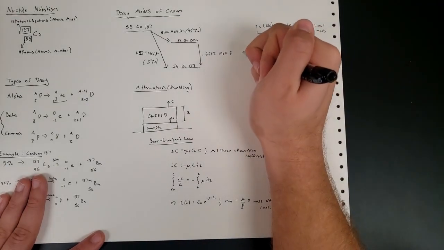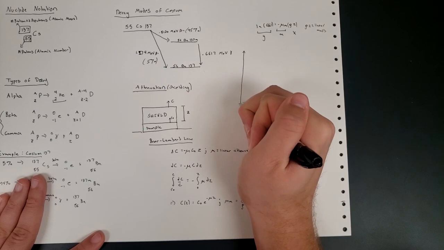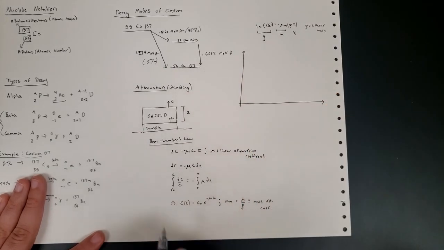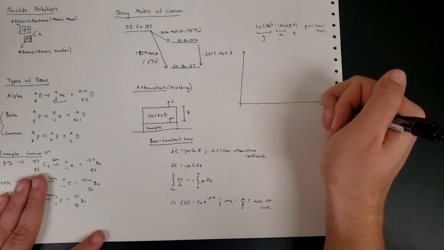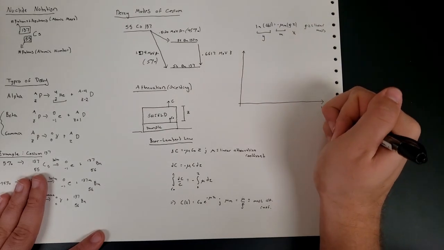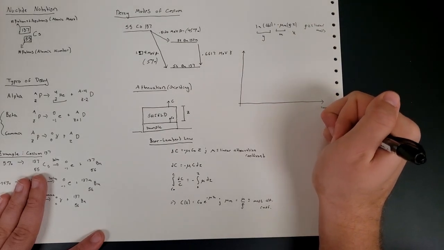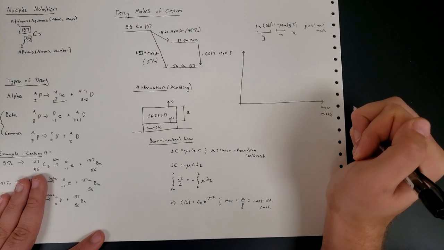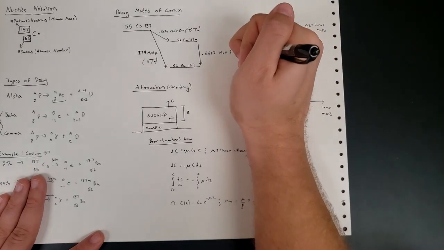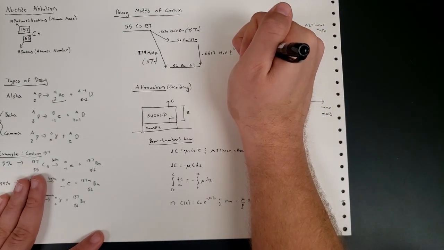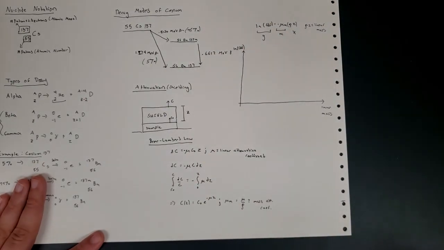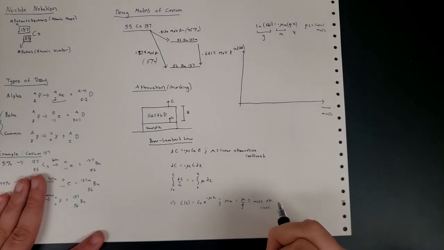So if we graph this, or if we look at how this graph will look now, on this x-axis we're graphing the linear mass. On the y-axis, we're graphing the natural log of the number of counts as a function of Z, or the natural log of C, right?